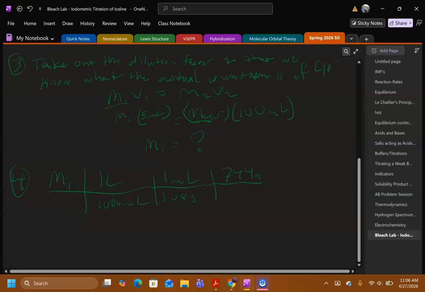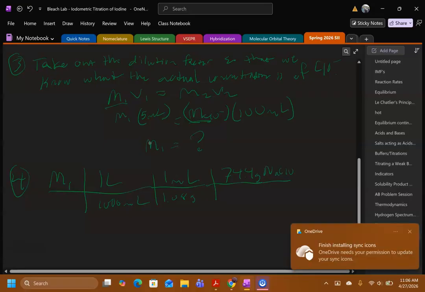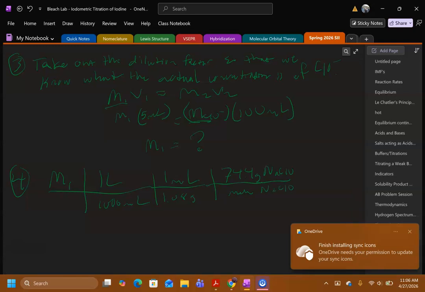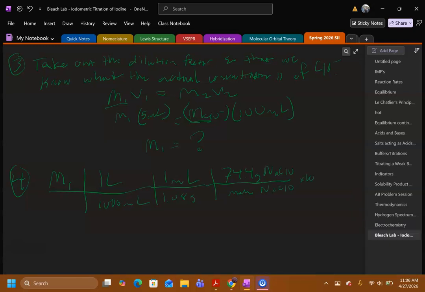Notice that we have the molar mass of this as well. Then we're going to times it by 100. This gives you the percent mass of the hypochlorite that's in solution.